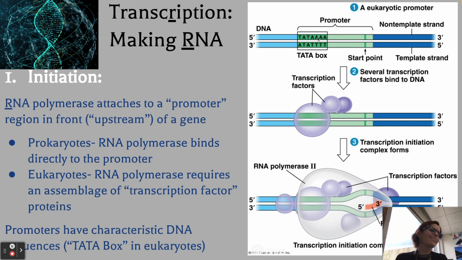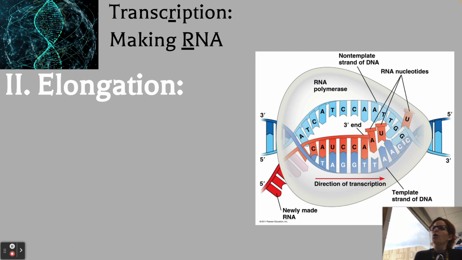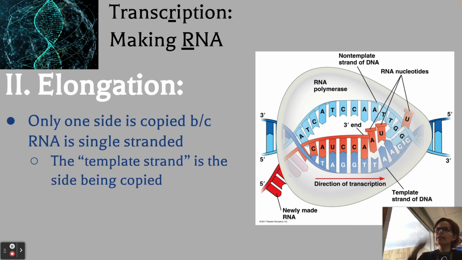I saw the TATA box on one AP Bio exam. It was mentioned. It's not that you needed to know what a TATA box was, but it's mentioned on it. So TATA boxes are just a pattern of TATA that tells the RNA polymerase this is the promoter. It's time to start transcribing here. Okay, and then we need to elongate. So it reads only one side of the DNA.